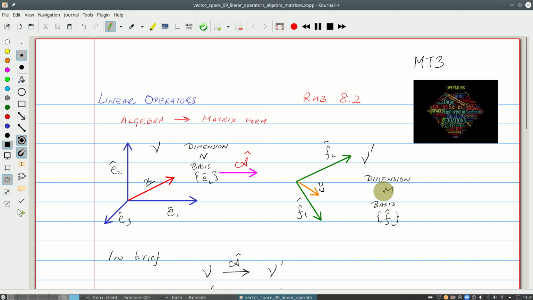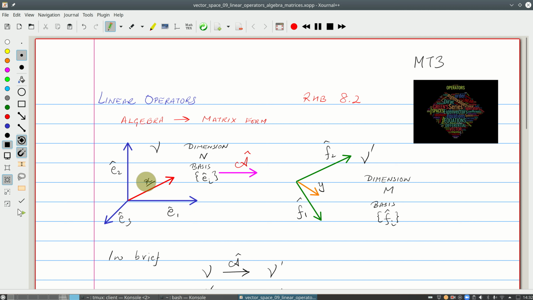It doesn't matter for the time being, it's just that m is potentially different from n. This new space will be designated V prime, and it has a basis set f_i hat. Now these f_i's could be different from the e_i's, and I've tried to illustrate this by showing you a rotated frame here, but once again this is not so important.